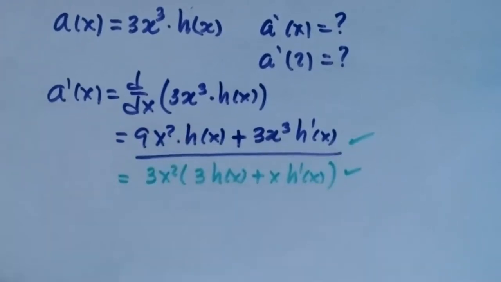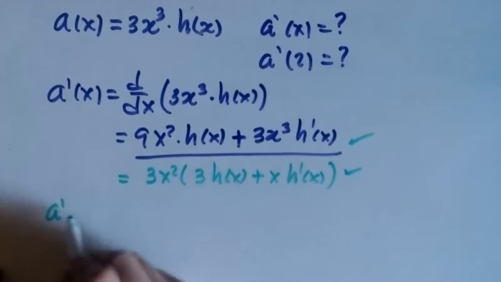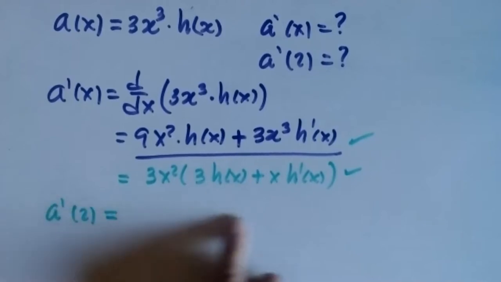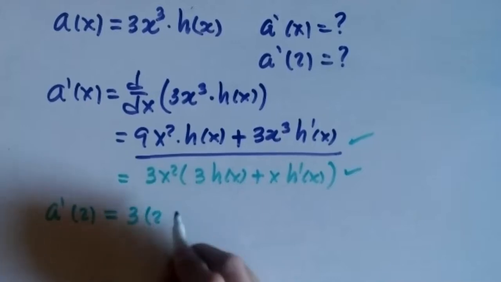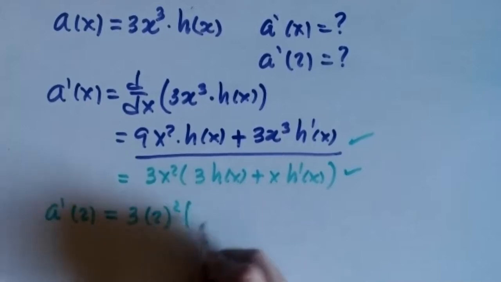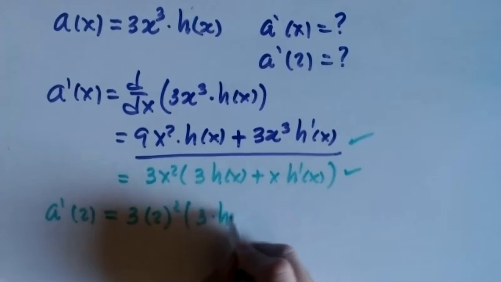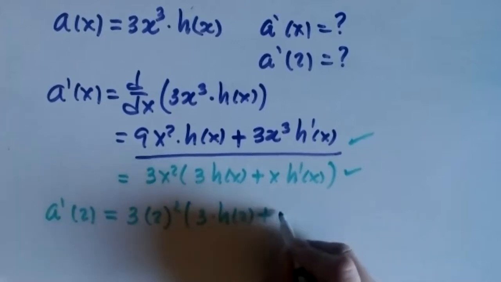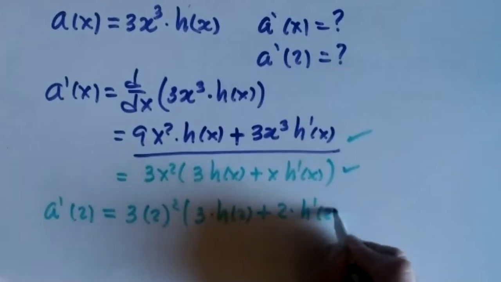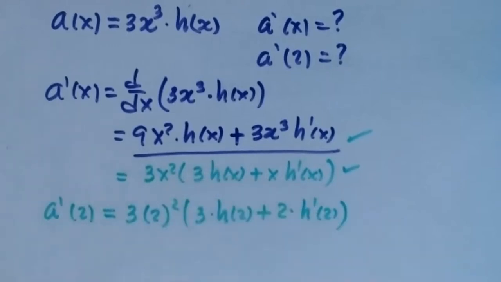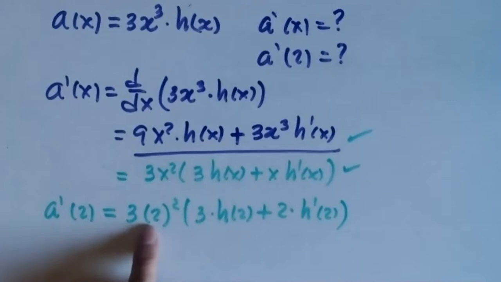Now you need a prime of 2. This is the evaluation of these functions. 3 times 2 squared, times 3 times h of 2 plus 2 times h prime of 2. Now this is 12.